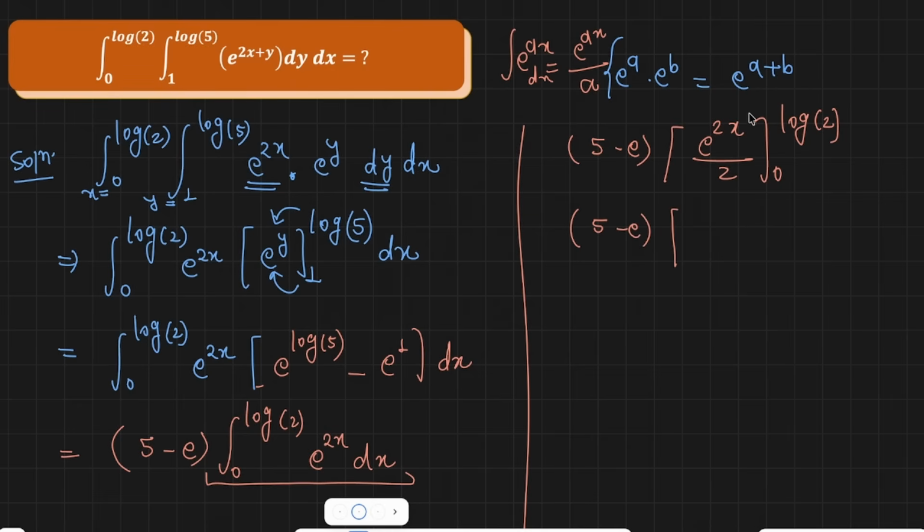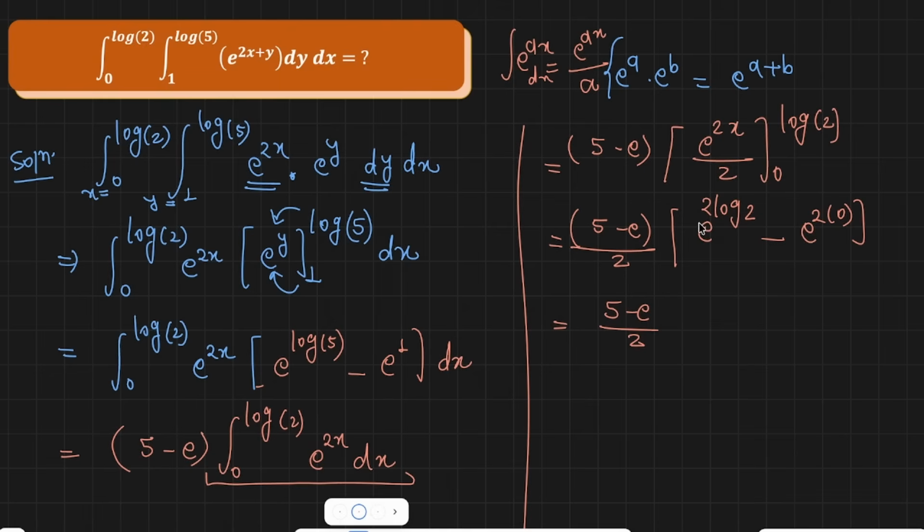minus e, and upper limit, I can take the 2 outside, then e to the power log 2 upper limit minus e to the power 2 into 0. It will be e to the power 2 log 2, yes, and here 5 minus e upon 2.